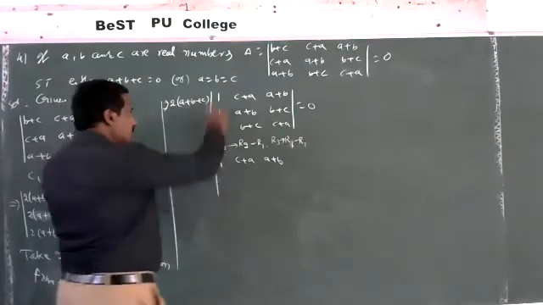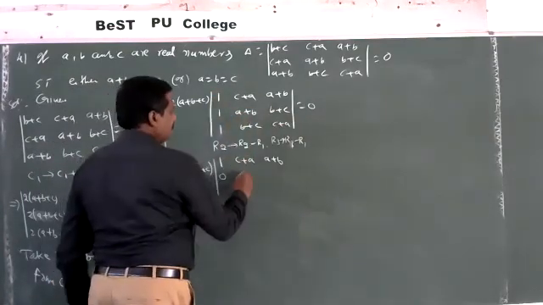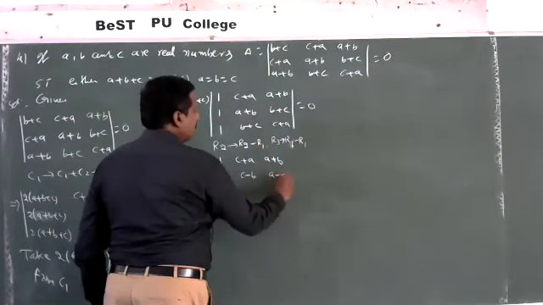Here 1 minus 1 is 0. Here a gets cancelled, c minus b. Here b gets cancelled, a minus c.